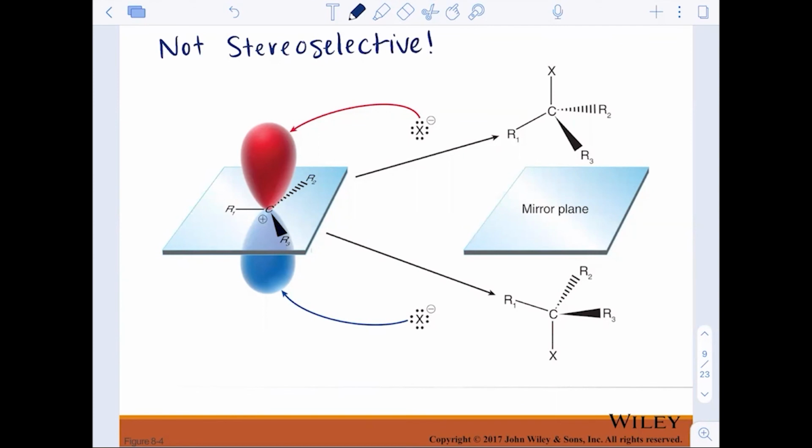If we make a chiral center, we will get both R and S. Think about our substitution unimolecular reactions, the SN1 reactions, where we had a top side attack and a bottom side attack. That same thing happens here. When we have that nucleophilic attack from the halogen to the carbocation, the halogen can attack on the top side or the bottom side. We will always get a 50-50 racemic mixture if we are making a chiral center.